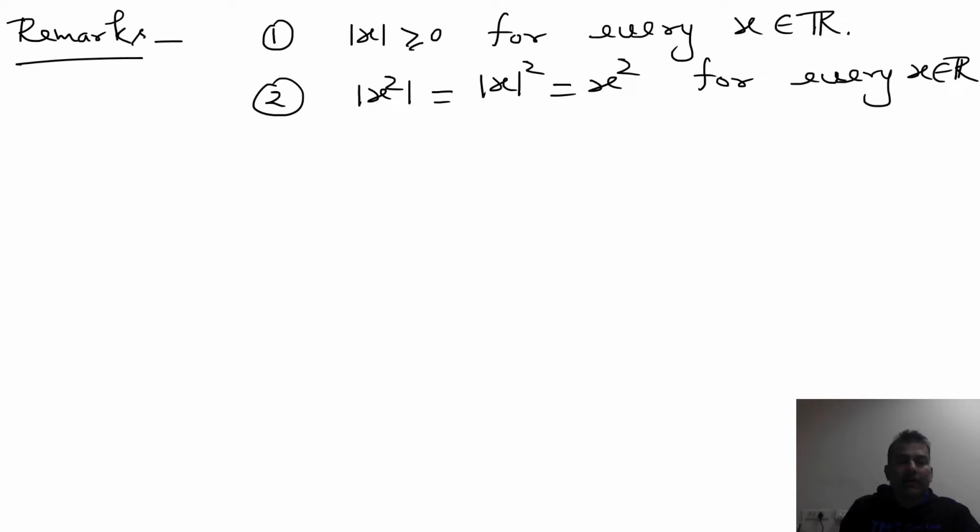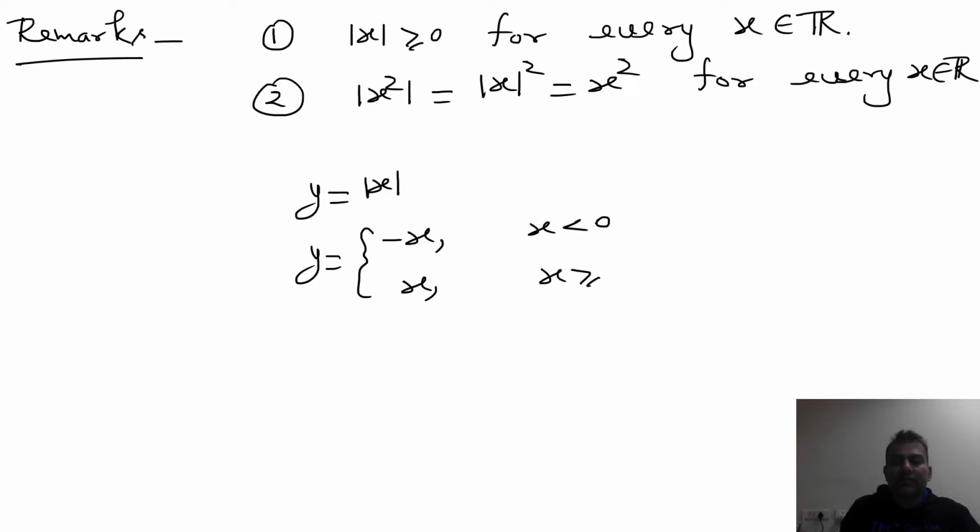And the graph of y equals mod x. So first let's define this mod x. So y equals mod x, it is y equals minus x if x is less than 0, and y equals x if x is greater than or equal to 0.